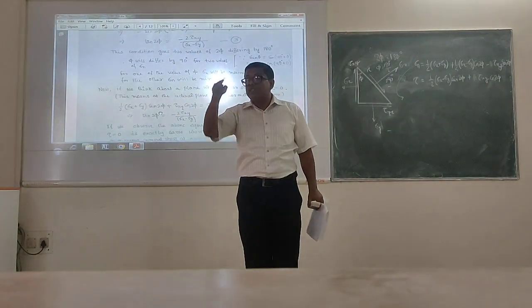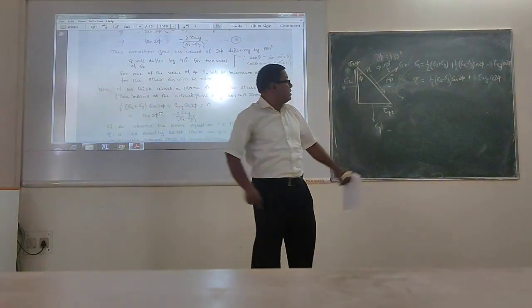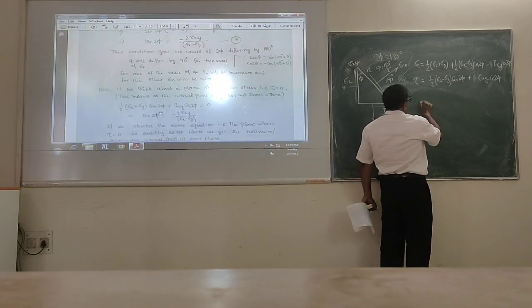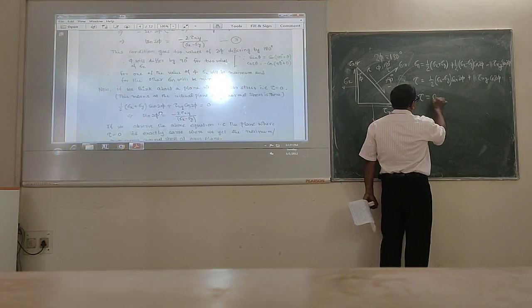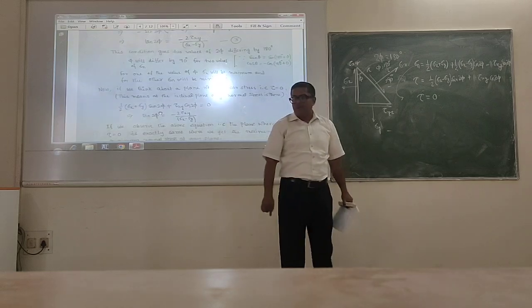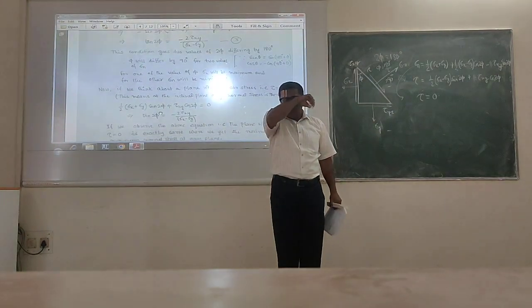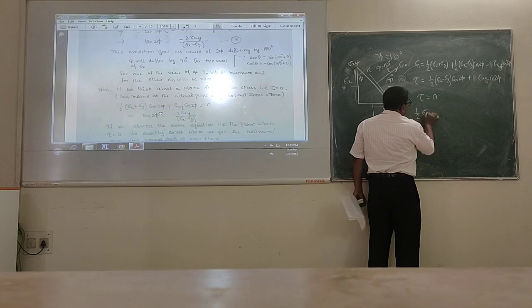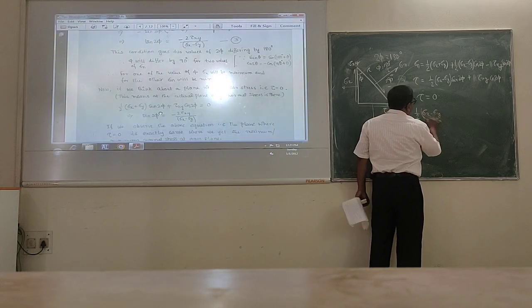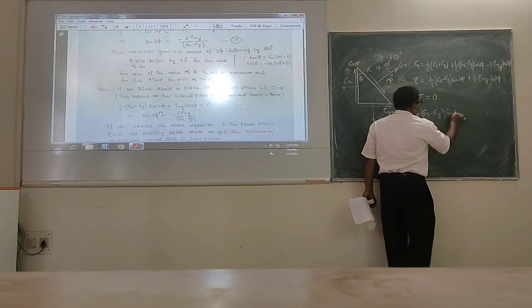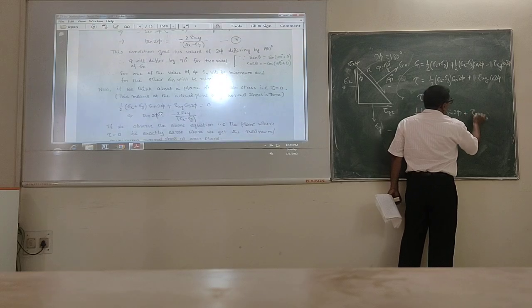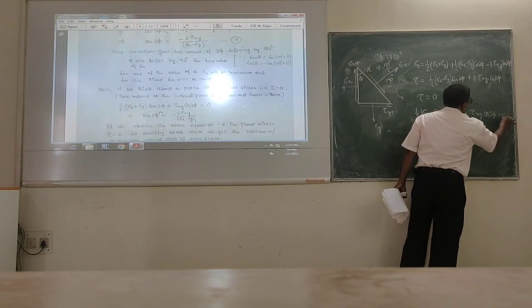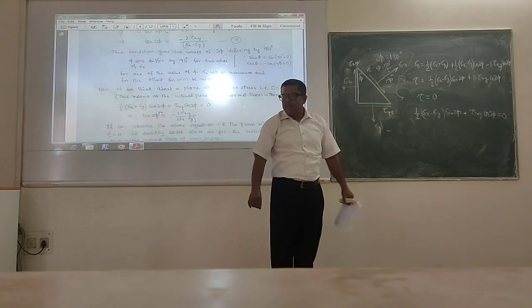What is the shear stress in the inclined plane? Shear stress in the inclined plane is this tau, right? So if I assume tau becomes equal to 0, then what happens? Then this term, sigma x minus sigma y times sin 2 phi plus tau xy cos 2 phi, becomes equal to 0, correct?